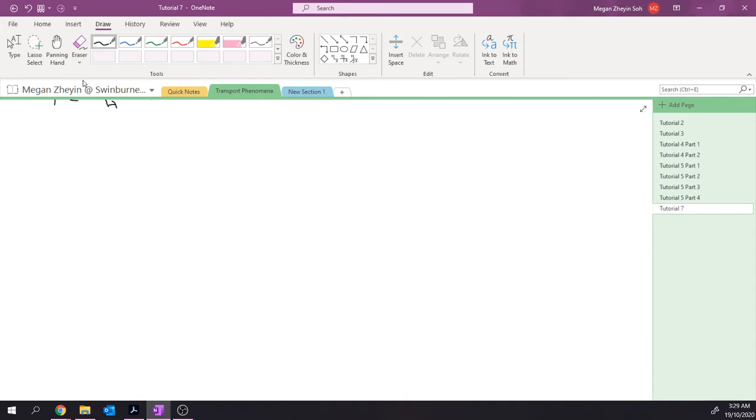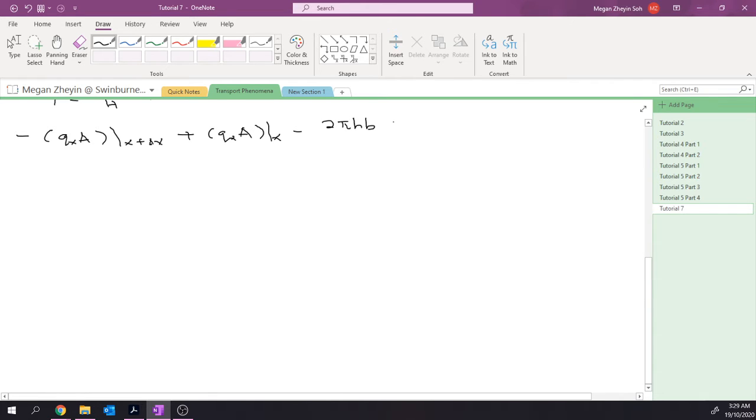All right, so that leaves us with negative qxa at x plus delta x, plus, negative becomes plus qxa at x, minus 2 pi h b over h x delta x over cos beta times (T minus TA) equals to 0.